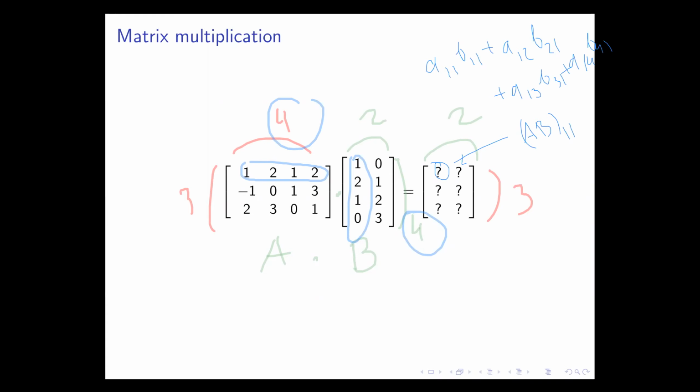So in other words, you multiply 1 times 1, plus 2 times 2, plus 1 times 1, plus 2 times 0, and so on. So that's how you calculate the first element, and then you calculate all the other elements.